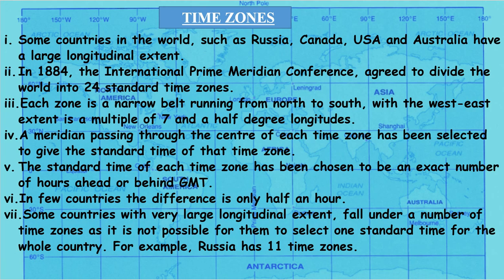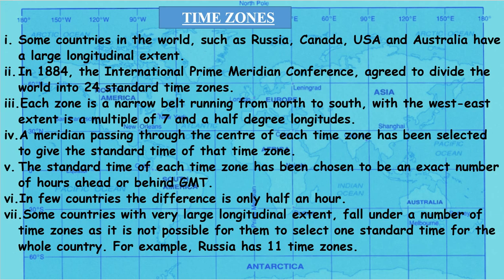And we have already discussed that some countries in the world such as Russia, Canada, USA, Australia have a large longitudinal extent, and that is why these countries have more than one time zone. Okay, we'll be discussing that also.